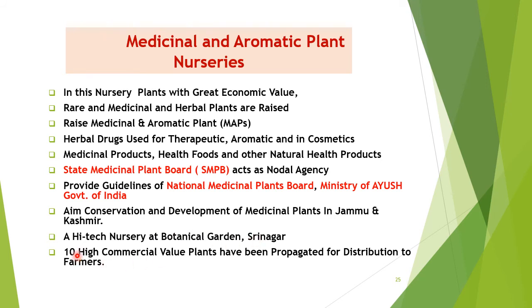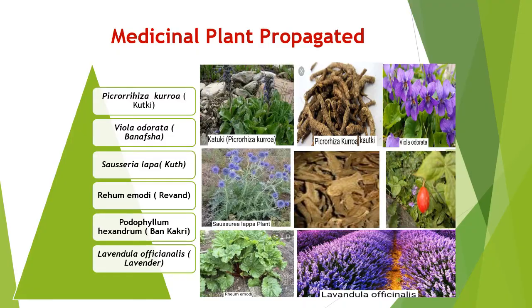It has so far propagated 10 high commercial value plants, which have been propagated for distribution to the farmers. As I said, Kashmir is rich in medicinal plants. These are the medicinal plants propagated: Picrorhiza, Viola, Podophyllum hexandrum, and Lavandula officinalis.